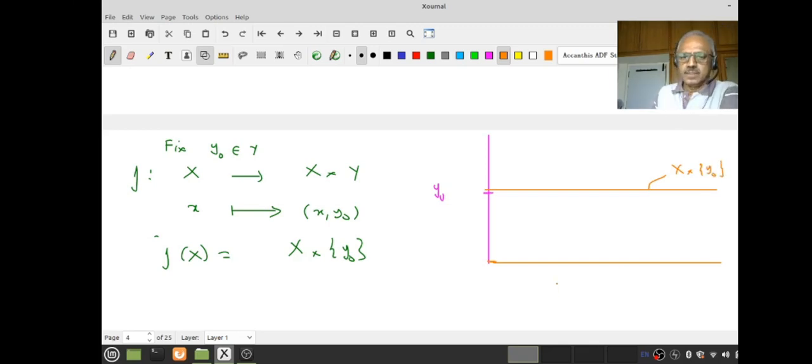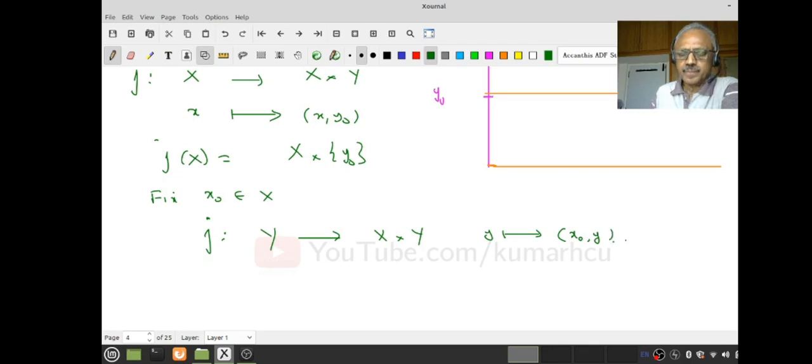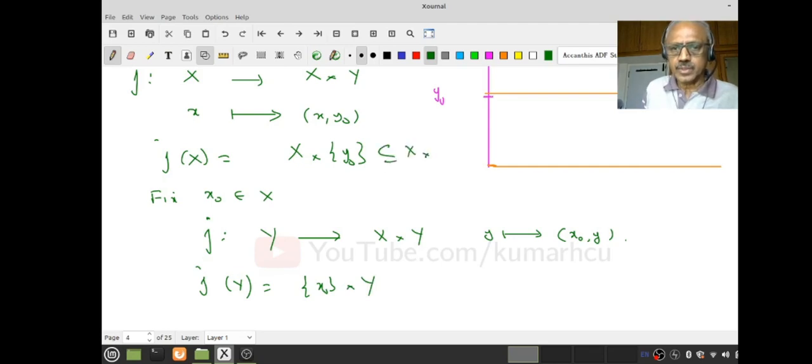And similarly, suppose I fix an x naught in X, then I have another inclusion, which I will still denote by J, to X cross Y. What is the map? Y goes to an ordered pair, and since x naught is given, it is (x naught, y). Therefore J of y has image the singleton x naught cross Y. Notice that these are all subsets of the product space X cross Y.